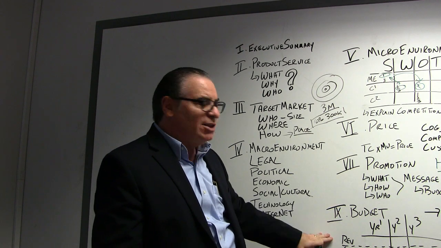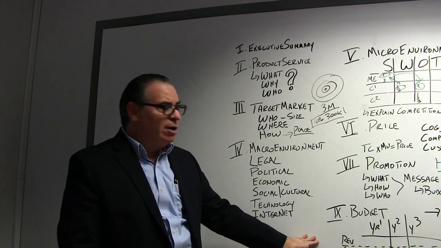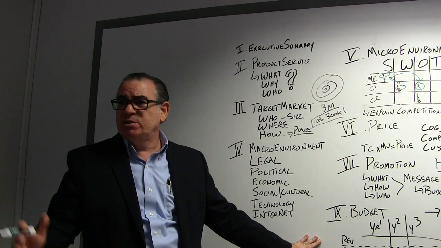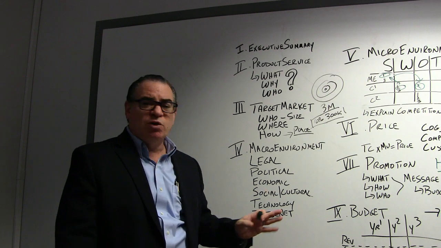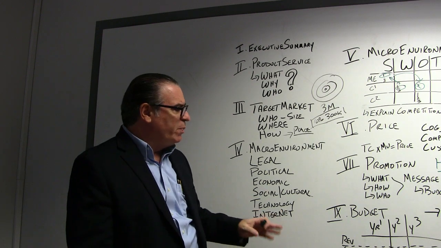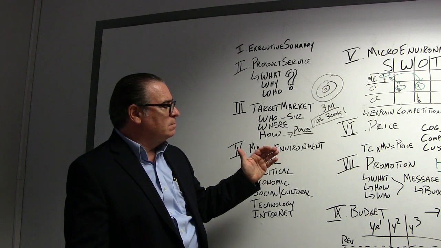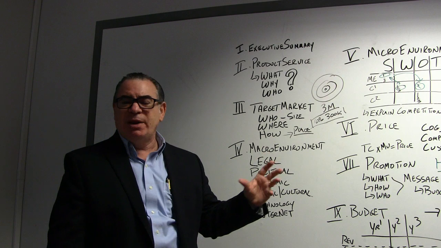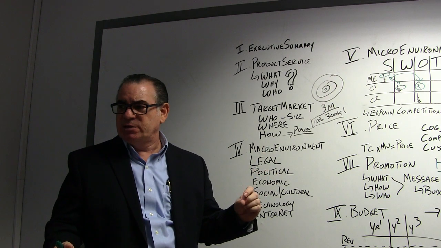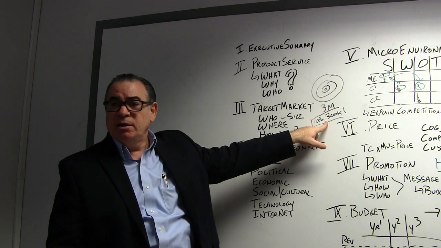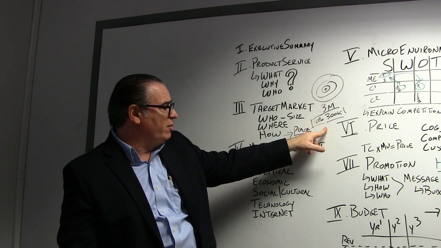And then lastly, the last part of the plan is your budget. This is where it all ties together, very similar to the exercise that we just did, your budgeting. So let's talk about this for a second. How do you come up with a budget? So what was our estimated target? How many people did we estimate that we could sell this product to? We came up with a number over here, 300,000, right? We did the math, we came down to 300,000.